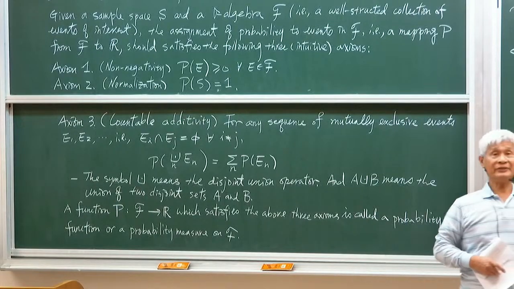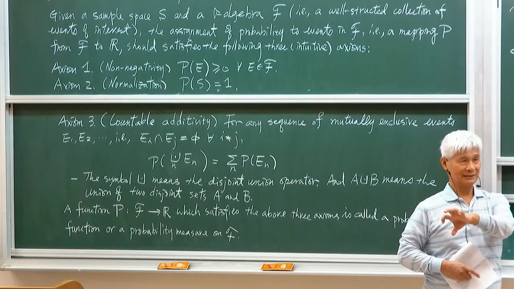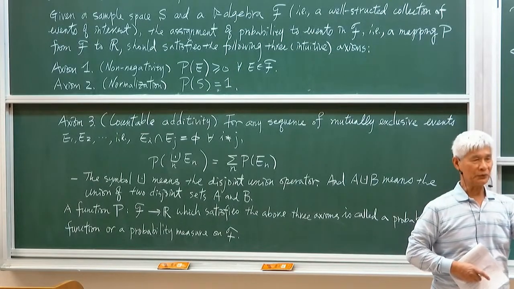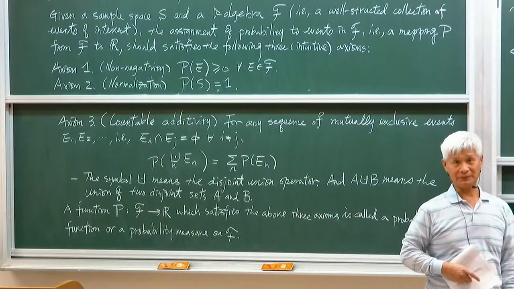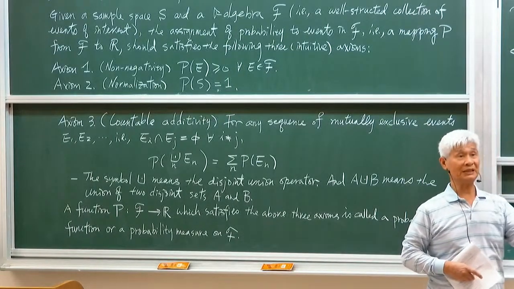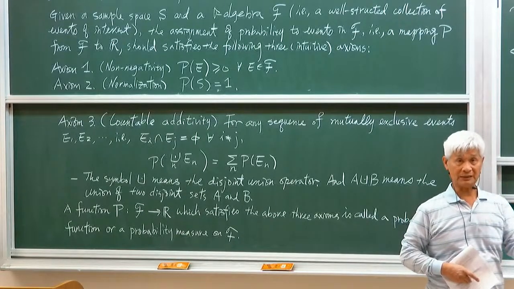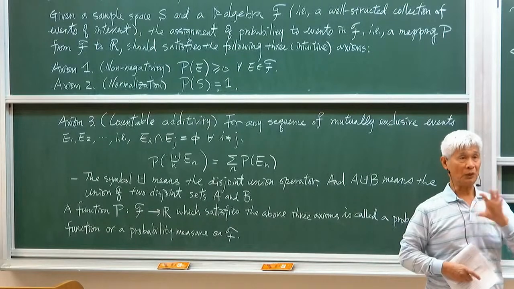So every random experiment corresponds to a probability space. And once you establish a probability space, then you are able to answer any questions about the particular random experiment, including the core task, to calculate the probability of an event you are interested in.